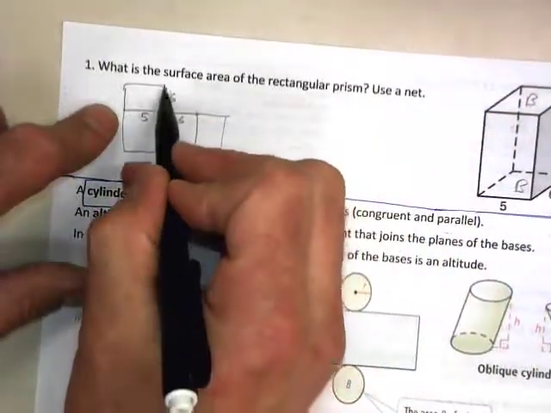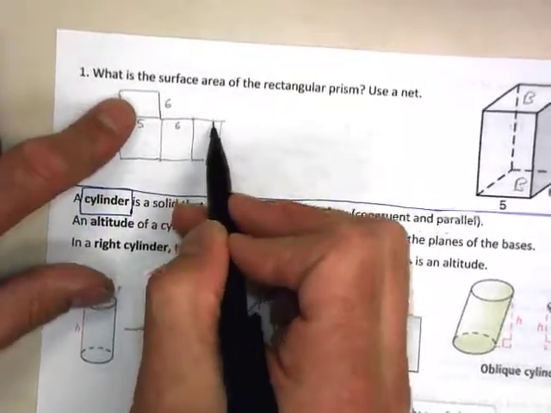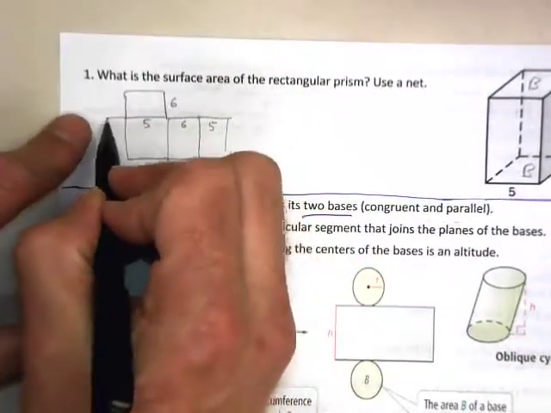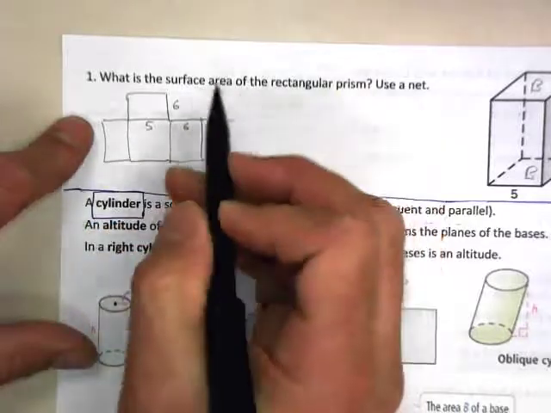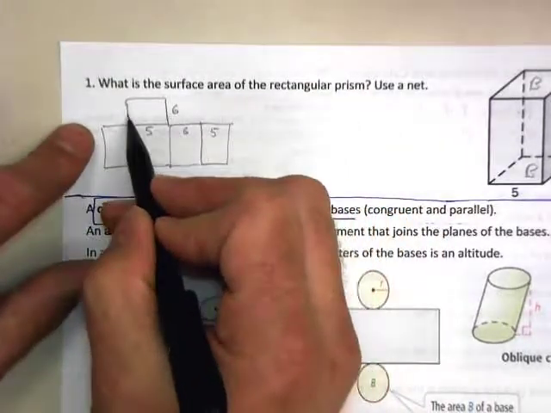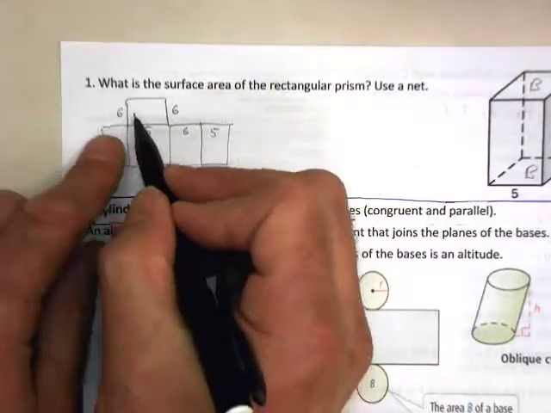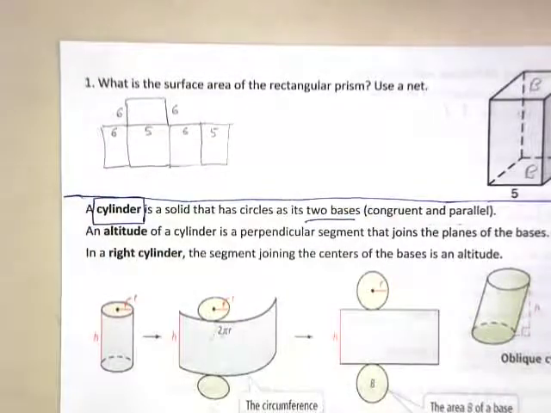I'm going around here, so this surface on top is going to touch this one over here, so that's going to be 5. And I like doing it over here because it's easier to see how these connect together. And since this is a rectangle, this side over here is going to be 6. And since these two will fold up together, this one's going to be 6 over here.